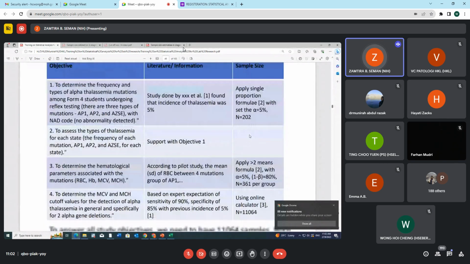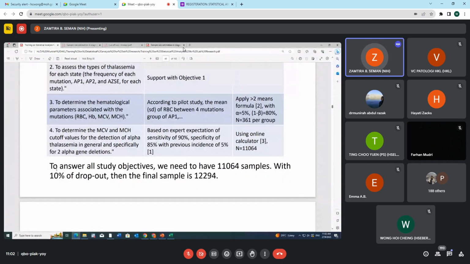Then the sample. Last one, to answer all study objectives, you can replace this one. This one is not too nice, but you can replace it. We need to have 11,064 samples with 10% dropout. Then the final sample is 12,294. That is for sample size.